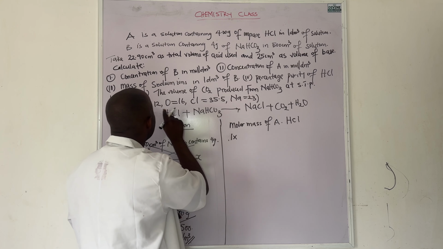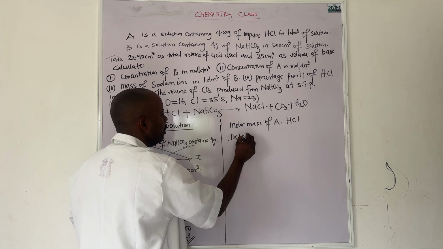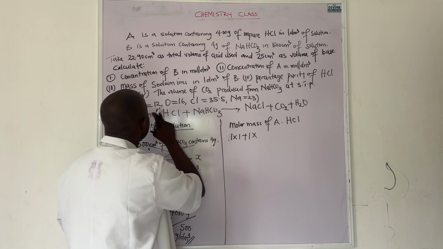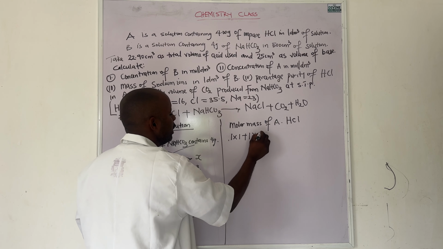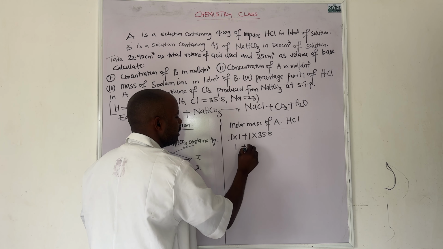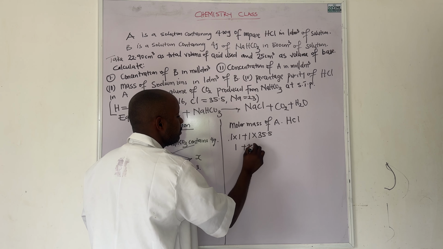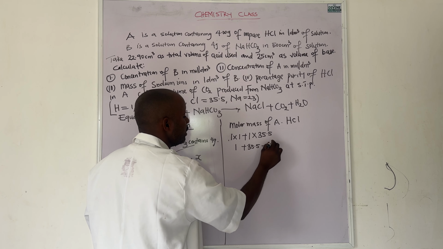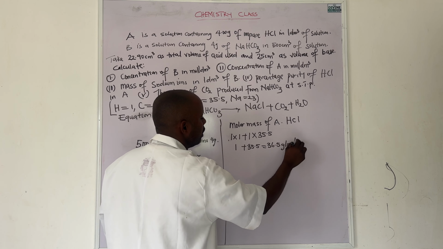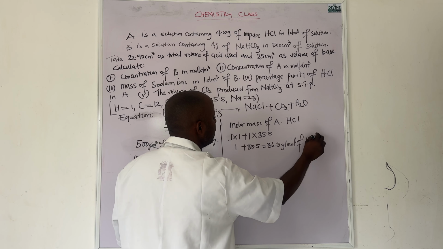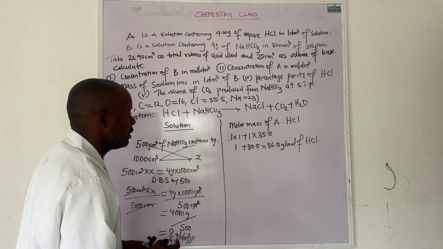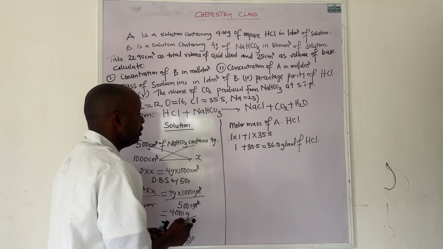Once, where the relative atomic mass of hydrogen is 1, plus chlorine occurred how many times in HCl? Once, and the relative atomic mass of this is 35.5. Here we have 1 plus 35.5 equals 36.5 gram per mole of HCl. So we are just solving this so that in case we need the molar mass in manipulating this calculation, we can actually bring it forward.